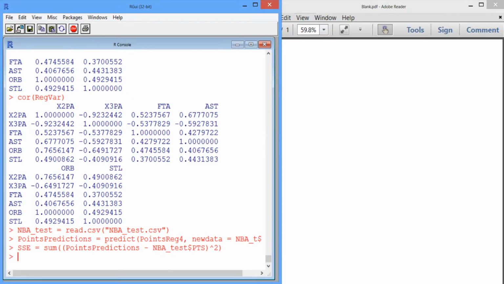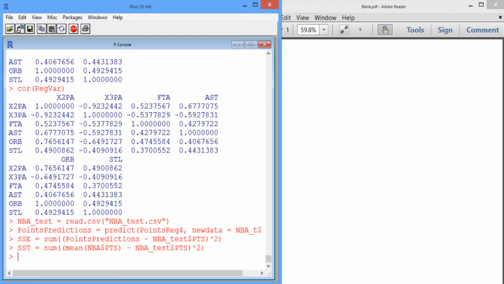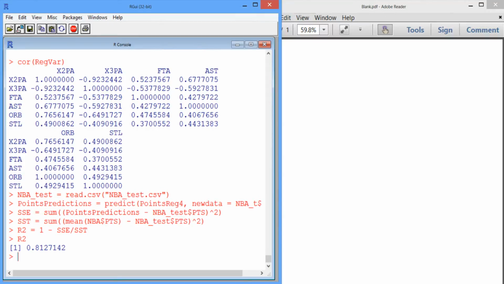And we need the total sums of squares, which is just the sum of the average number of points minus the test actual number of points. So the R squared here then is calculated as usual, 1 minus the sum of squared errors divided by the total sums of squares. And we see that we have an R squared value of 0.8127.